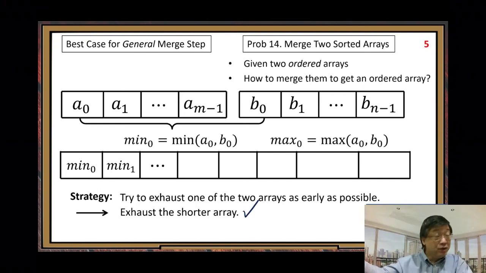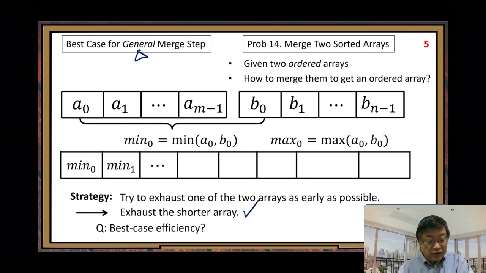When you have two subarrays, we assume one is shorter and the other is longer for the general case. For the best case, we just exhaust the shorter array as early as we can, right? So the best case efficiency is the size of the shorter array.